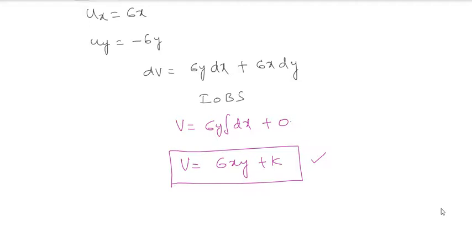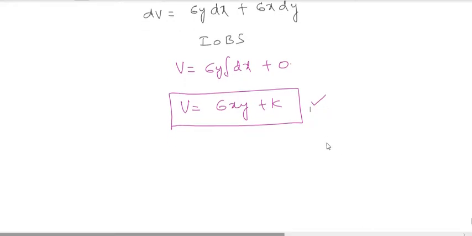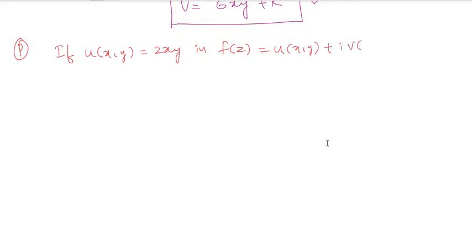So based upon that, you people will have a lot of questions, ma. So let me take one question, which is a previous GATE question only, ma. Let me take that. Problem: if u of x comma y is equal to 2xy in f of z, which is equal to u of x comma y plus i into v of x comma y, is an analytic function they have given.